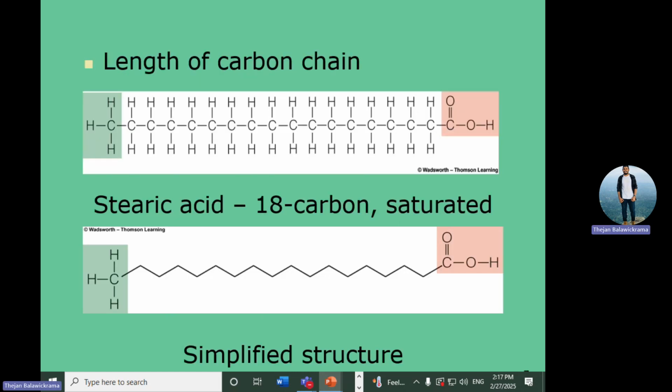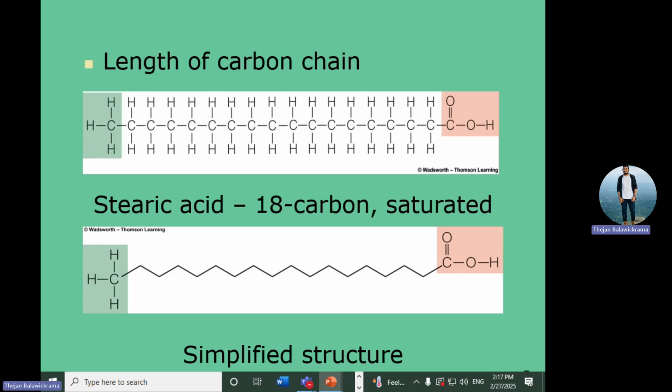Right. Okay, look at this. Length of the carbon chain. This is some random fatty acid. All right. One side, like I said, C double bond OH, carboxylic acid. The other side also is constant, which is the methyl group. That doesn't change. And in the middle part, we have a long carbon chain. Now, this is actually stearic acid.